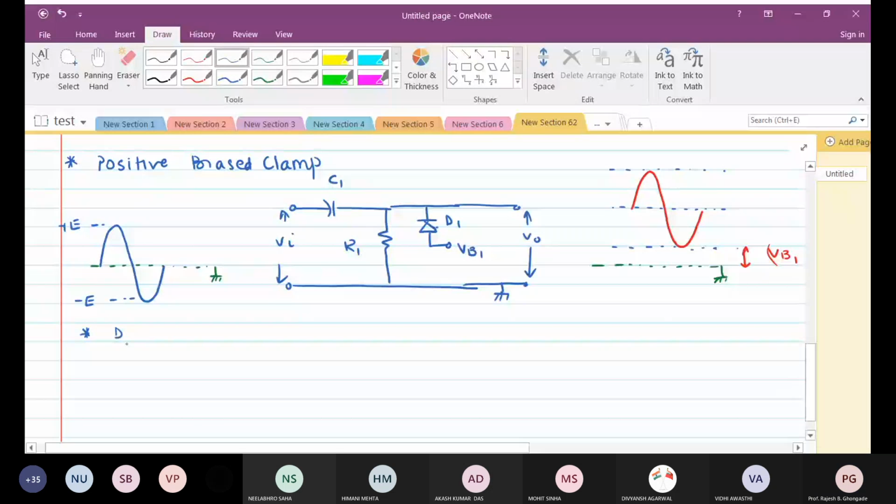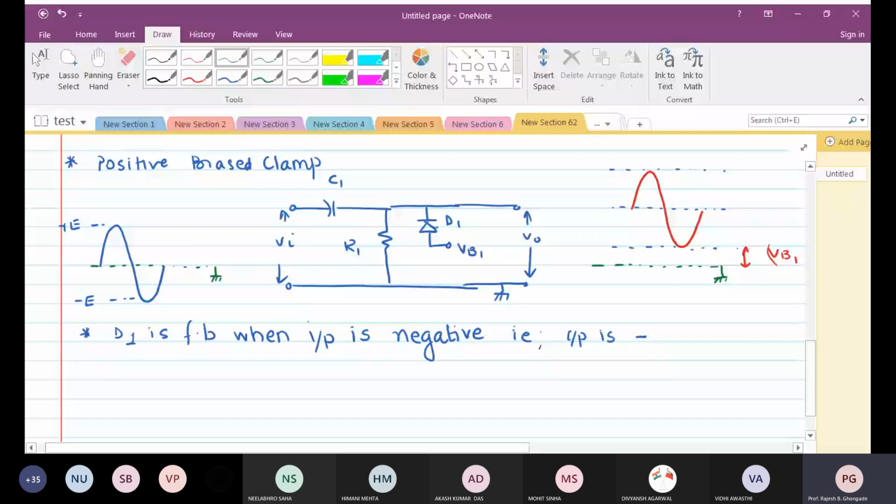D1 is forward biased when the input is negative, that is when the input is minus E. So start with that.